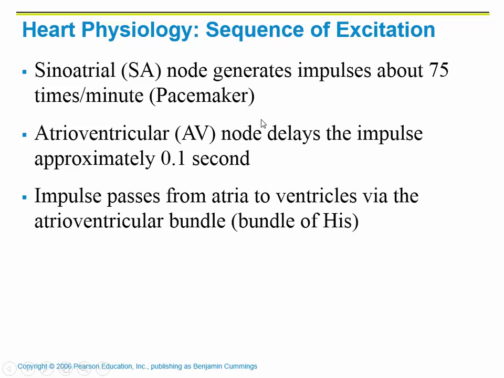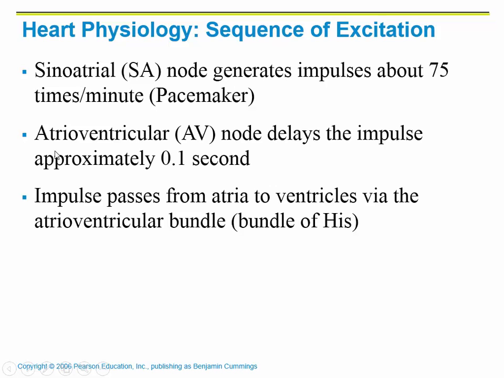Everybody has a pacemaker that is making sure that your heart is beating with a regular consistency. And so it's going to send impulses about 75 times a minute. That's an average. Not everybody's resting pulse rate is 75 times a minute.